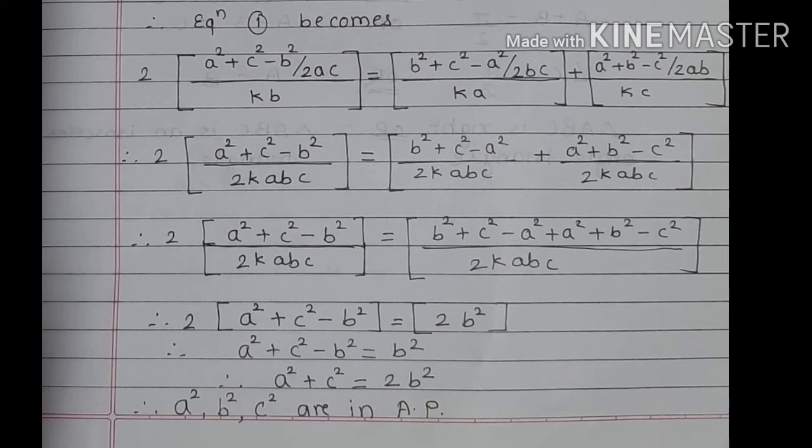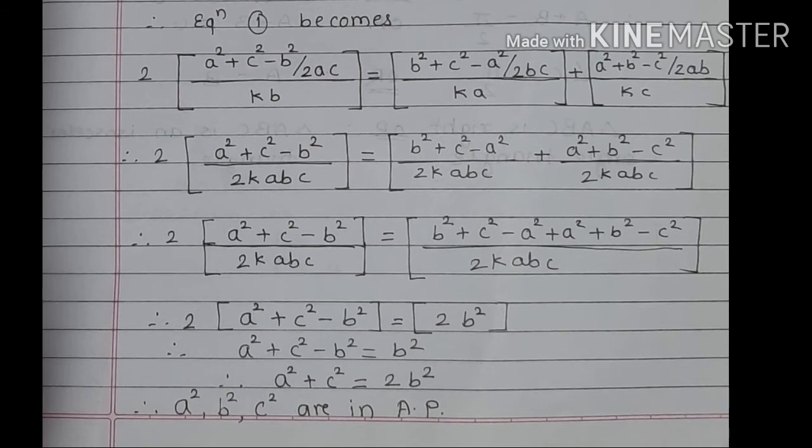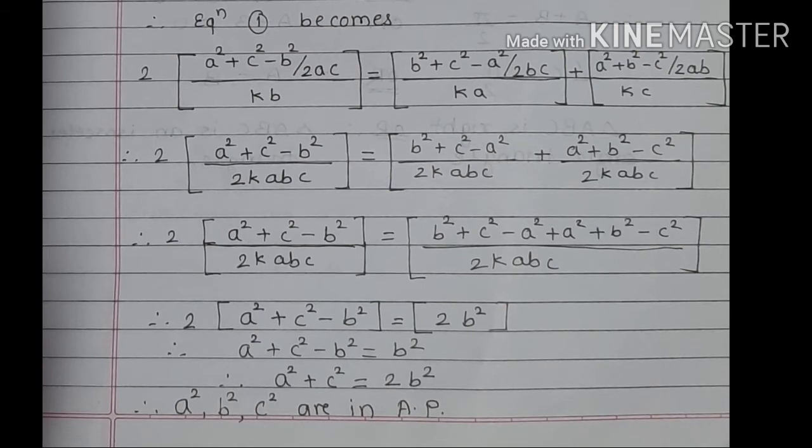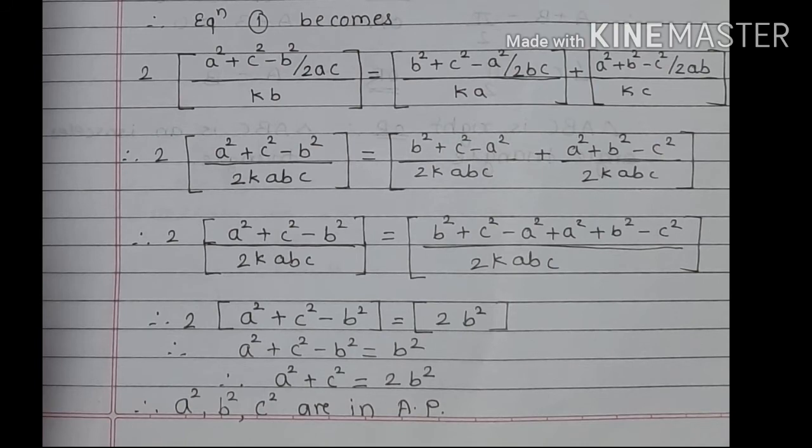Now solving the numerator and denominator, left hand side and right hand side, we get 2 times a square plus c square minus b square divided by 2k abc is equal to, both denominators are the same, therefore b square plus c square minus a square plus a square plus b square minus c square divided by 2k abc.